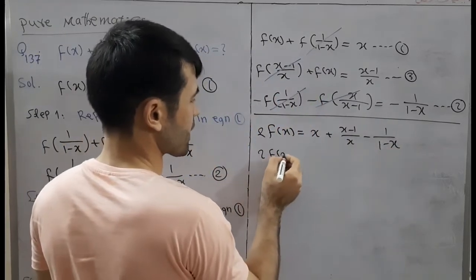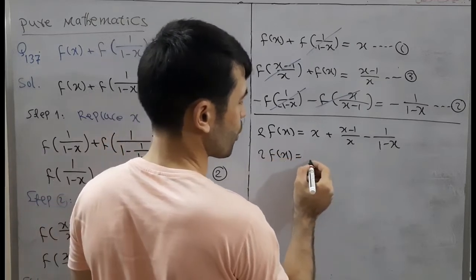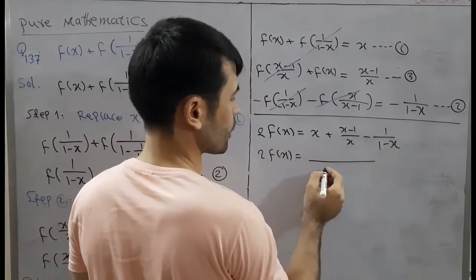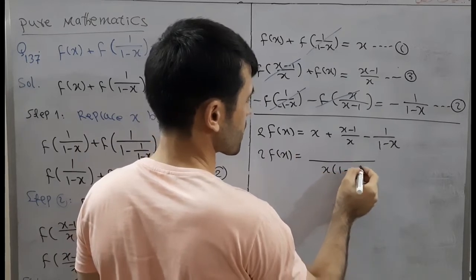2 f of x is equal to, we take common denominator x into 1 minus x.